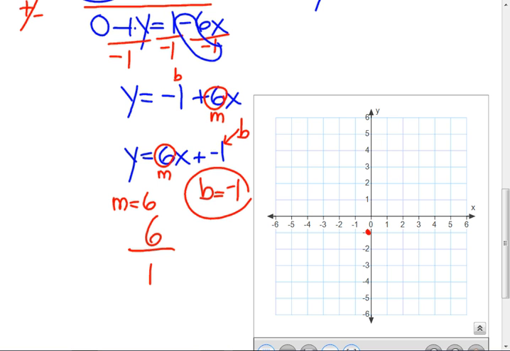Okay, so David, how do we do that? Up 6. 1, 2, 3, 4, 5, 6. And I'm going to go to the right 1. And there it is. You really should draw the arrows on the end because lines do go forever. And in 2 years, you'll be in geometry. No, next year you'll be in geometry. In which case, you're going to get real picky about notation.